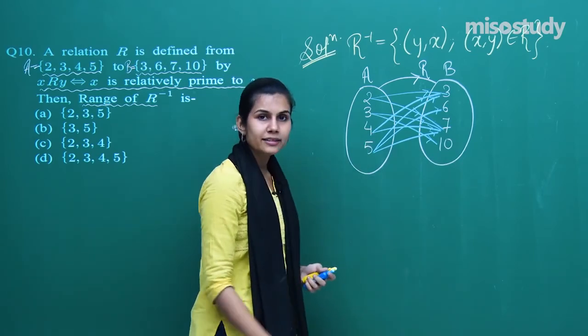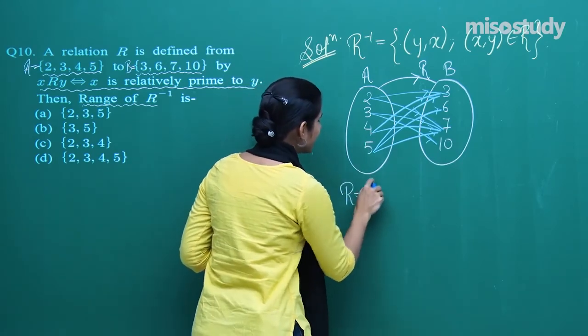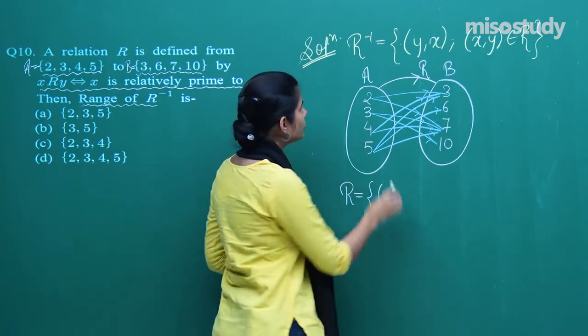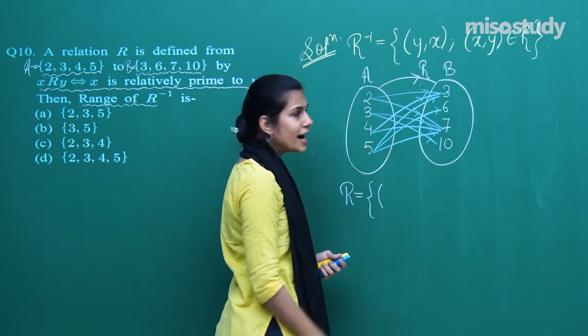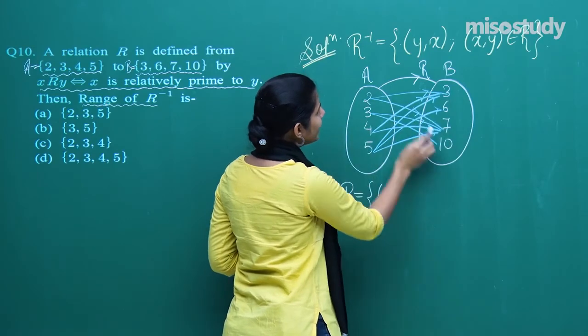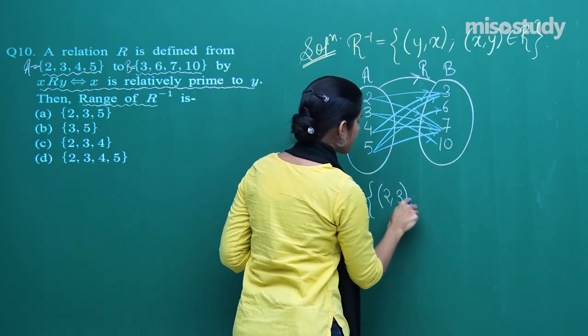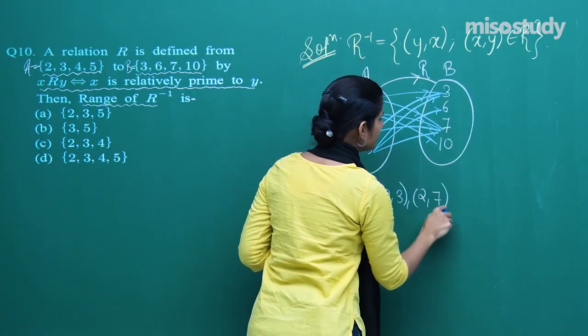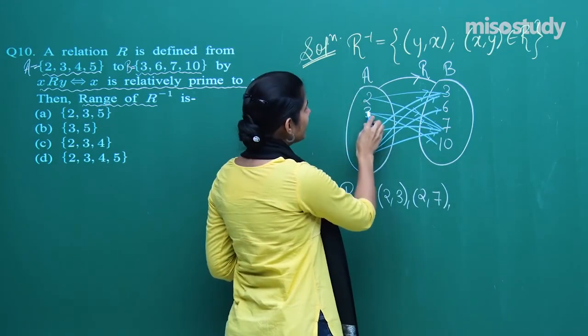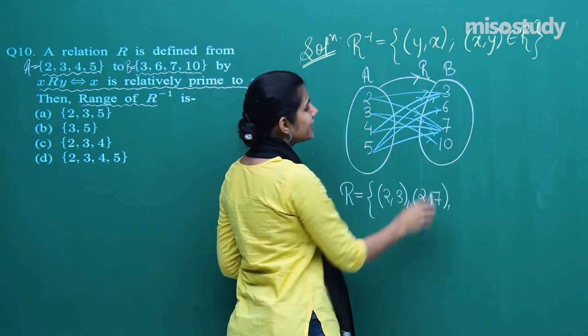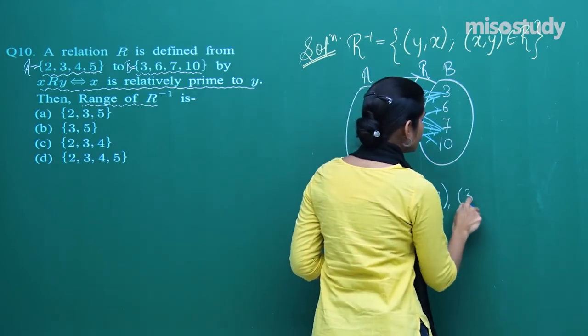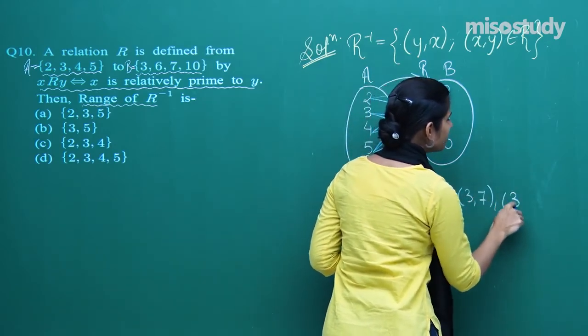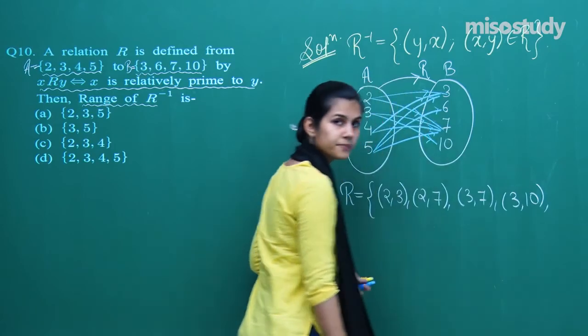and by just interpreting these arrows, I get my set R, which is, starting from 2 there are 2 arrows, so I get 2, 3 and 2, 7. Then the next are 2 arrows from 3 terminating at 7 and 10, giving me 3, 7 and 3, 10.